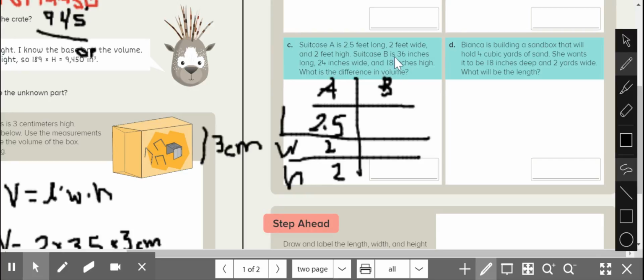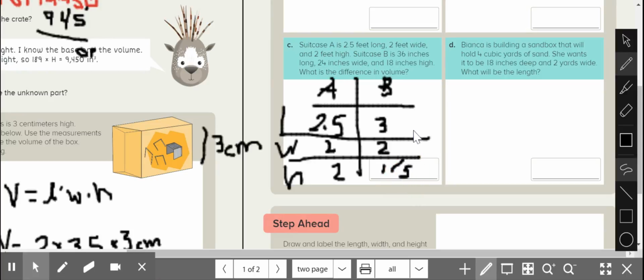Okay, I'm giving you some help here. Suitcase B is 36 inches long. 36 inches is 3 feet. 24 inches is 2 feet. And 18 inches is 1.5.